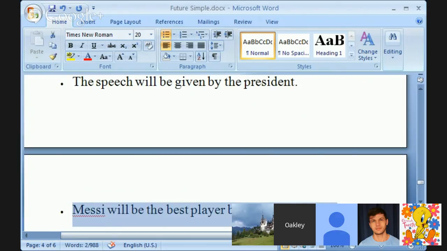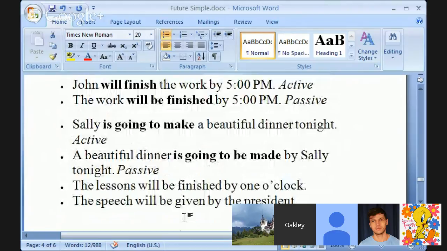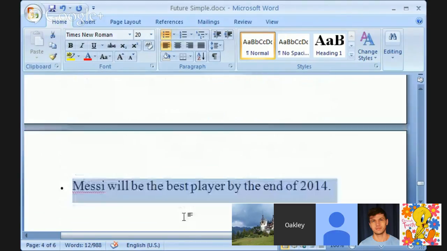We just have will be. There's no other main verbs. I don't think we can say the best player will be Messi. That's not really passive. That's also active.